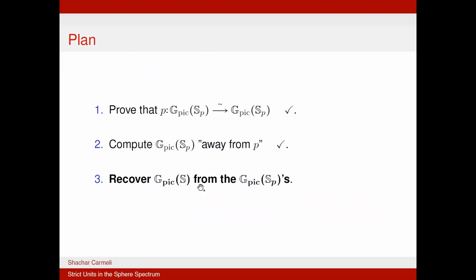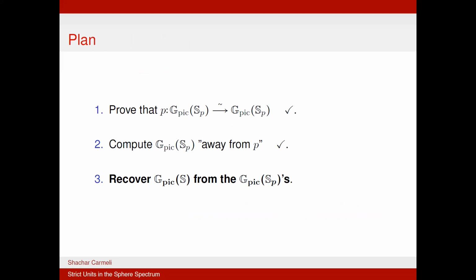And finally, I wanted to assemble the Picard spectrum of the sphere from the Picard spectra of the various p-complete spheres. So let me just recap a little bit. We have shown that p is invertible on the strict Picard spectrum of the p-complete sphere.